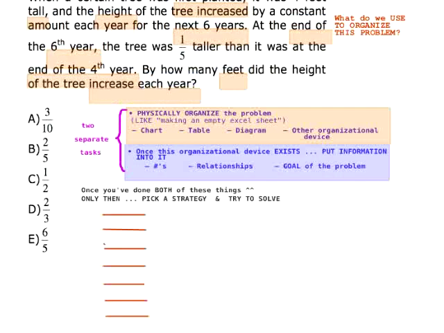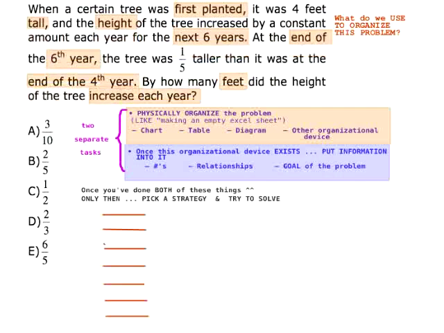Okay. Yeah, there we go. Start. End of year 1. End of year 2. End of year 3. End of year 4. End of year 5.